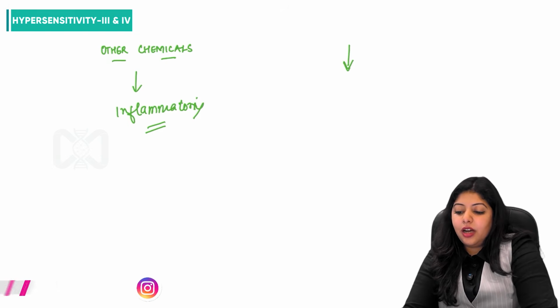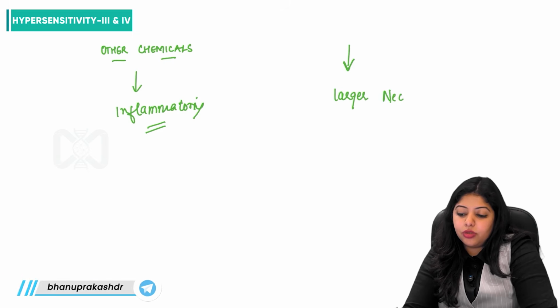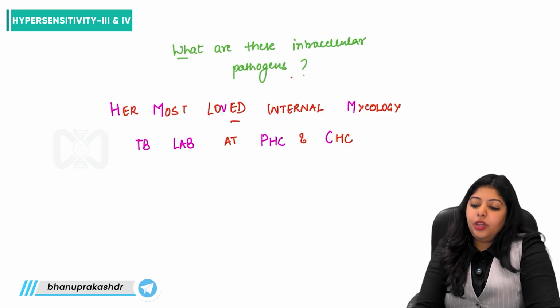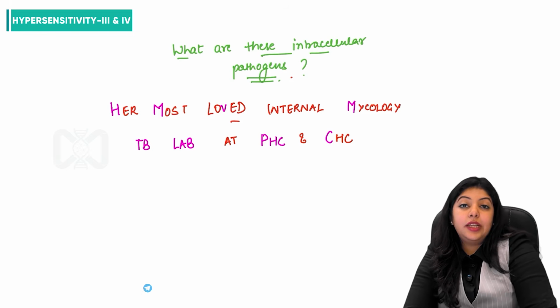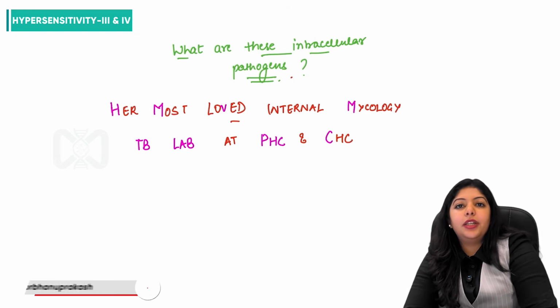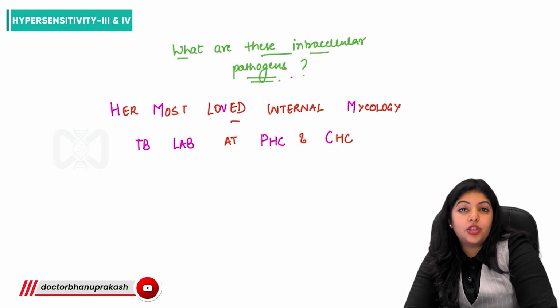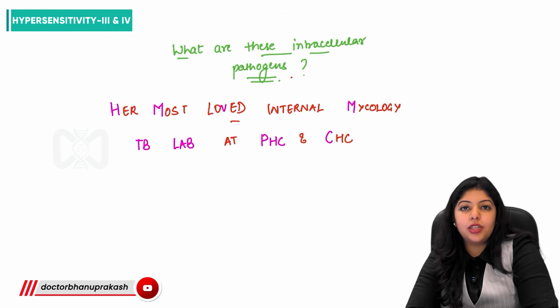So after escaping, they form larger necrotic tissues. Now we have spoken that there are intracellular pathogens which are majorly involved in delayed type hypersensitivity reaction, and also certain chemicals which induce the delayed type hypersensitivity.